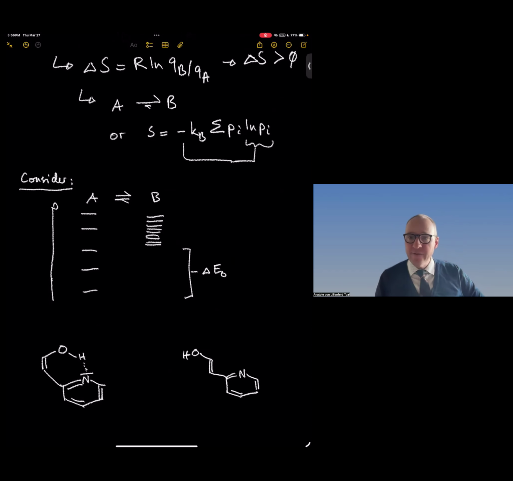Now, clearly on the left, due to the hydrogen bond, you gain a lot of enthalpic energy, right? But you lose in vibrational freedom, right? So there's no rotation you can do around this bond, while here you can happily rotate around it, right? Similarly, on this side, you can rotate around this bond, but not on the left-hand side, right?